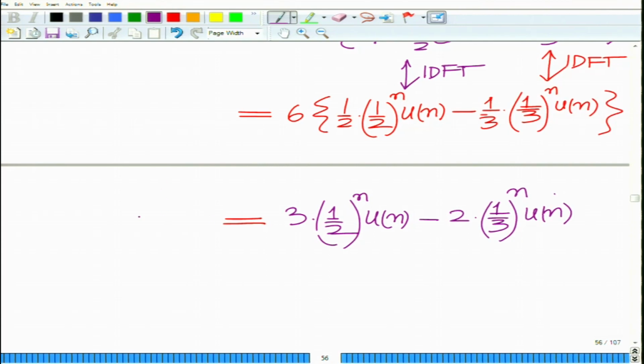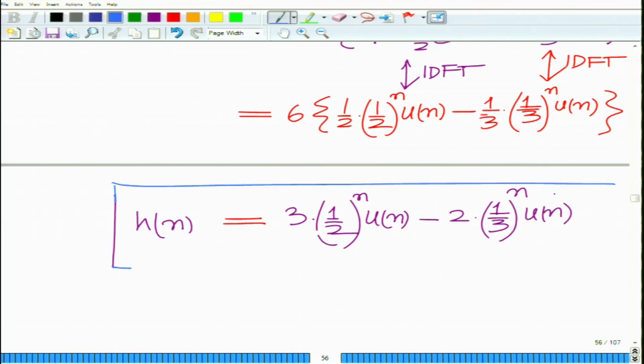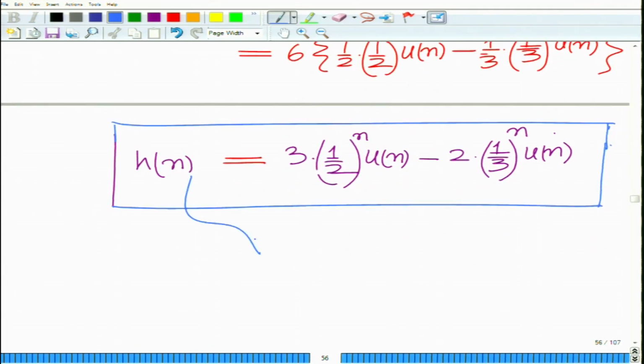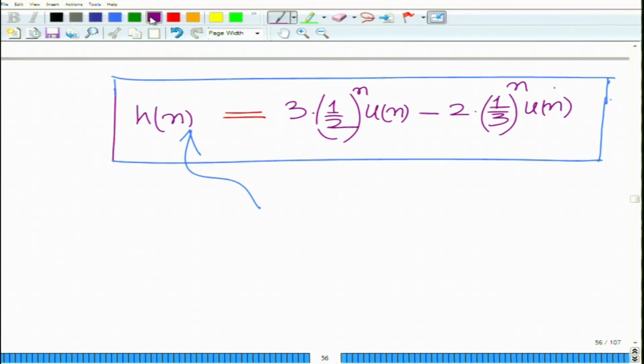So, this is your h of n. This is the impulse response of the LTI system described by the difference equation.